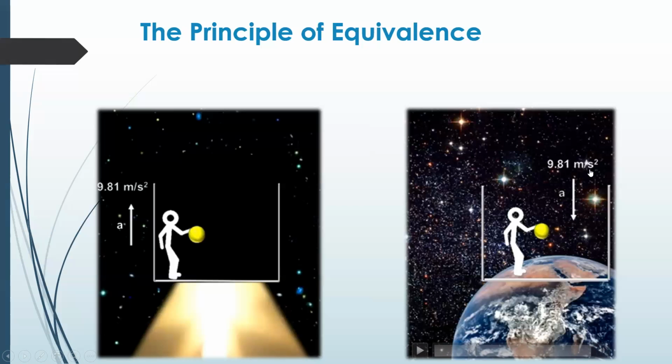It is 9.81. The difference, look at the two figures: here the acceleration is upward, the space vehicle is accelerating upward. And here in the second picture, A is the acceleration due to gravity, that is 9.81.